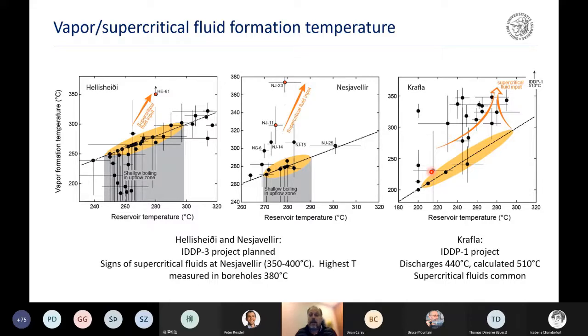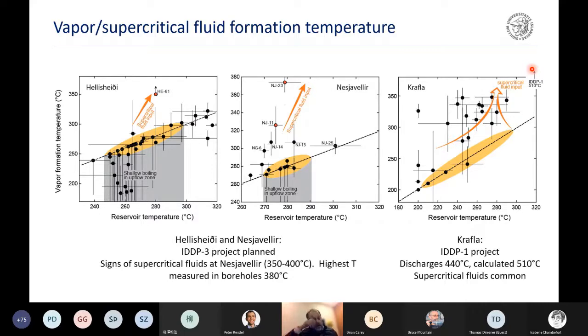That was the borehole that went into magma at 2.1 kilometers. This borehole eventually discharged 440 to 450 degrees single phase superheated vapor, and we are calculating, based on the same thermometer here, roughly 510 degrees, so not so far away.